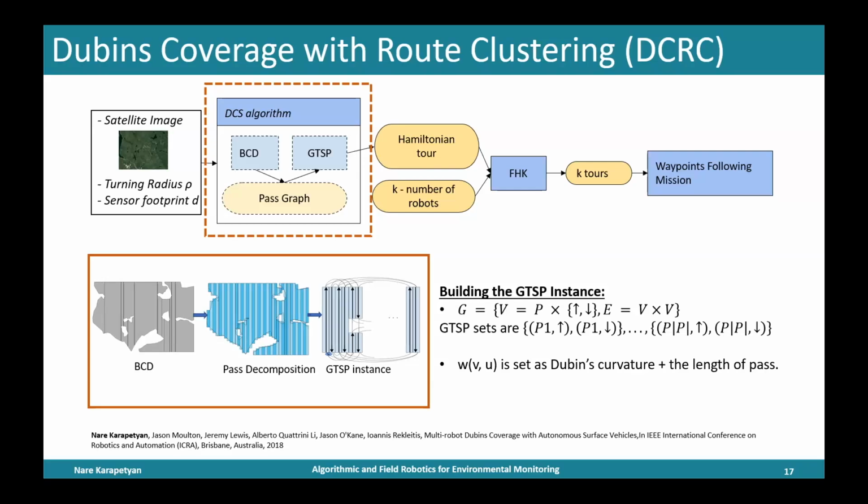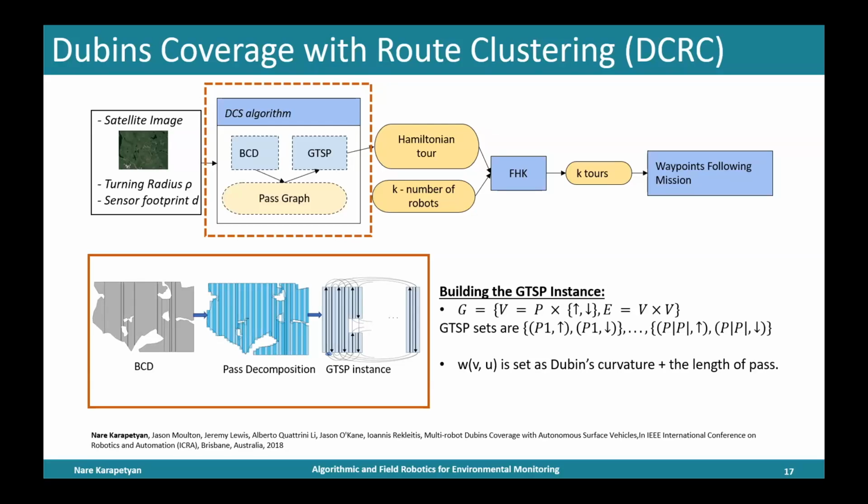So for that, we define a generalized traveling salesman problem. Let me first give you a definition of the traveling salesman problem. If we have areas to visit, in this case the passes that we have to visit, the problem is how we can find a path that visits all of these passes in the shortest time, and visits them only once, or at least once. The generalized traveling salesman problem says that instead of a single vertex, we have a set of vertices.